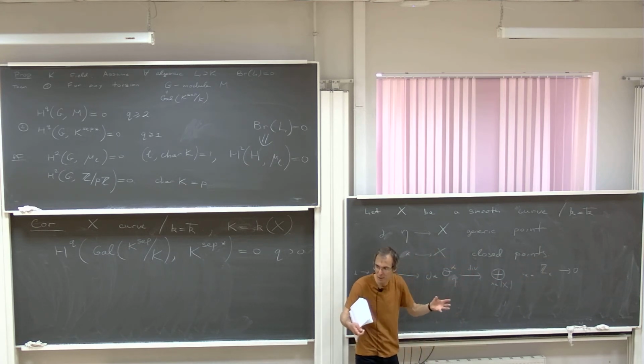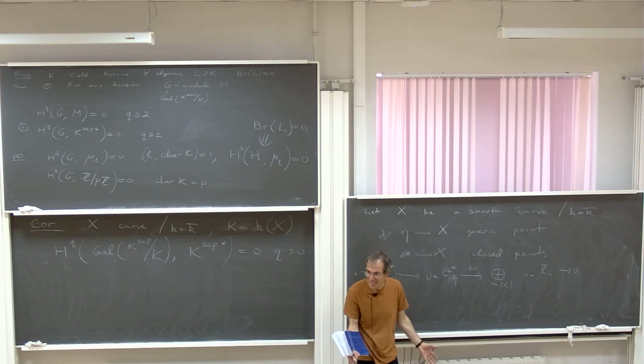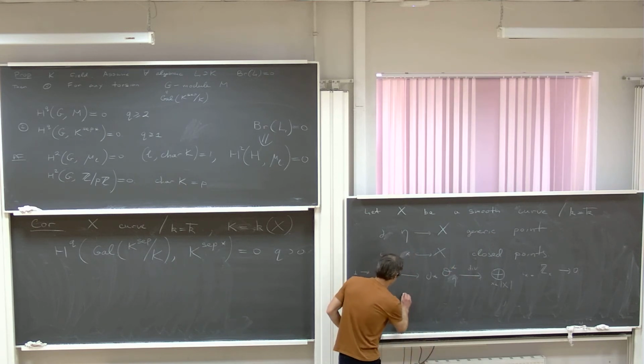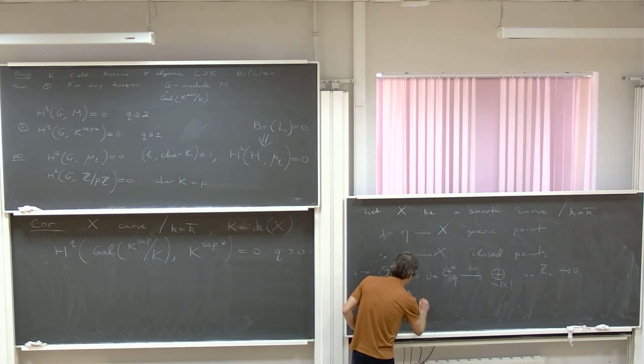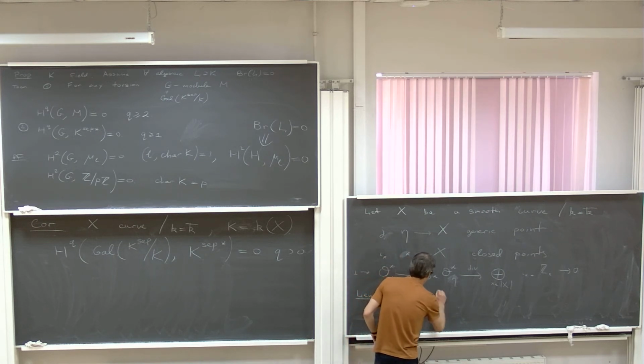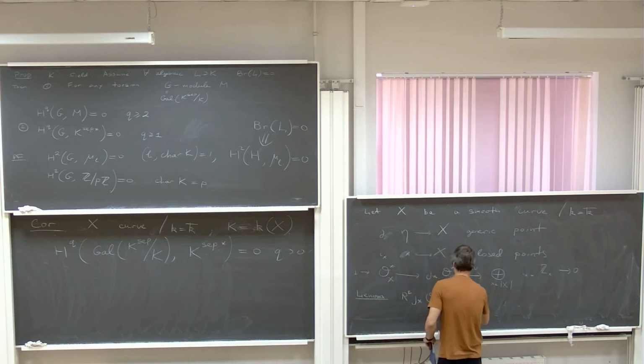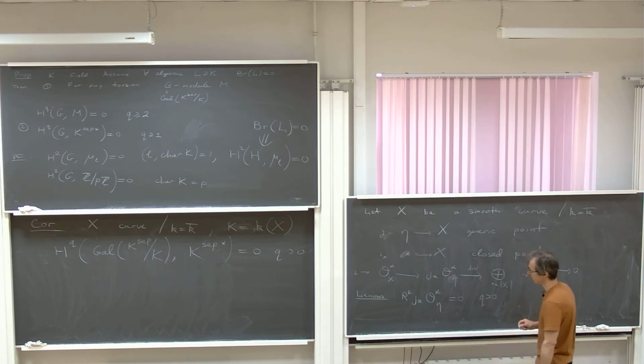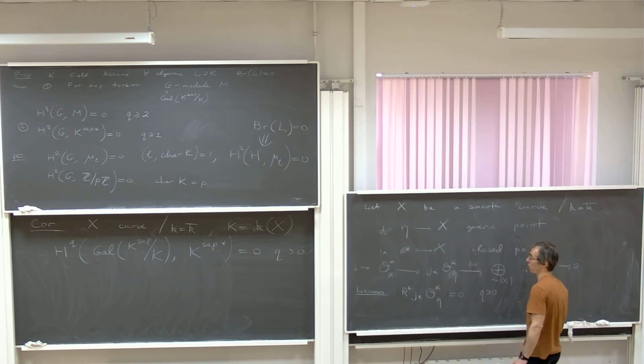It rather looks like an embedding of an open set into X. So the claim is that higher direct images vanish, go to 0 when q is greater than 0. Okay? So let's prove this.